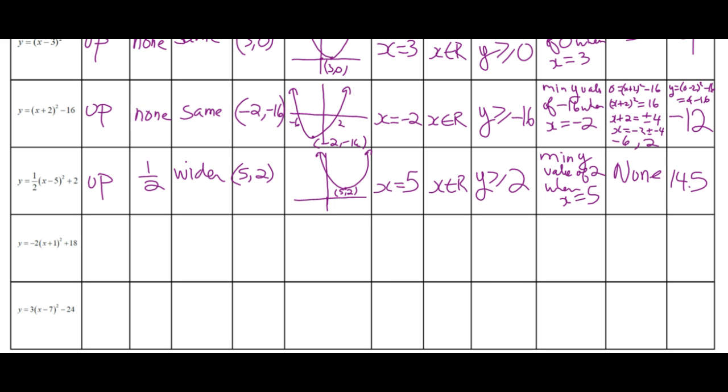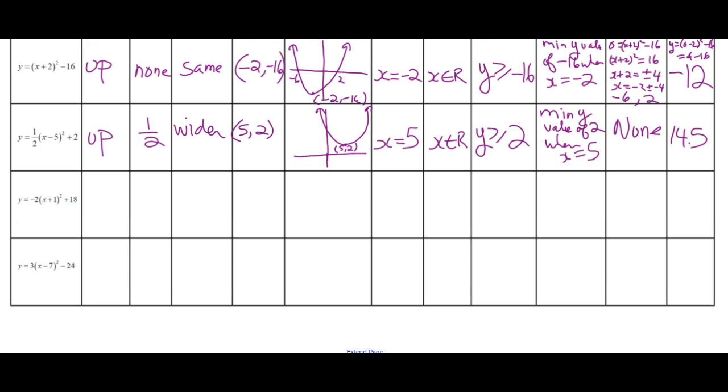I don't need to write that down. Up or down? Down. Vertical stretch? Narrower or wider? Vertex? Negative 1, 18, right? Left one?